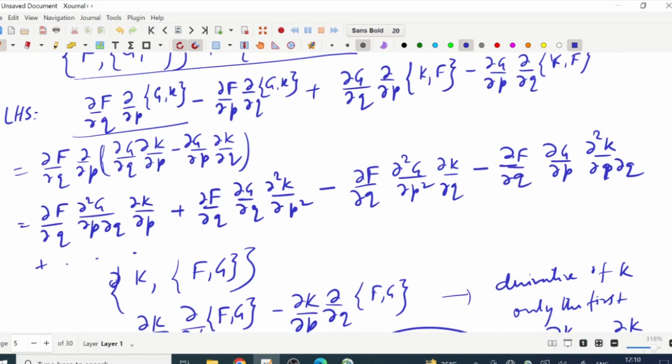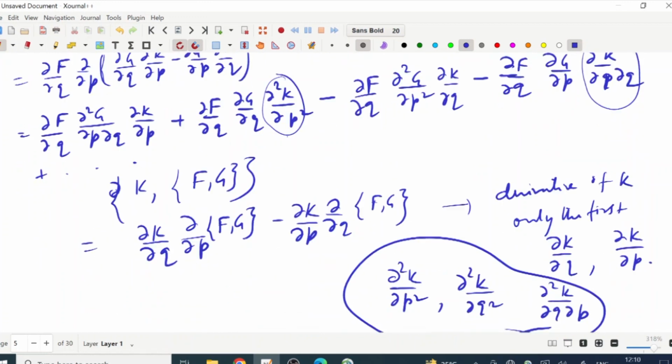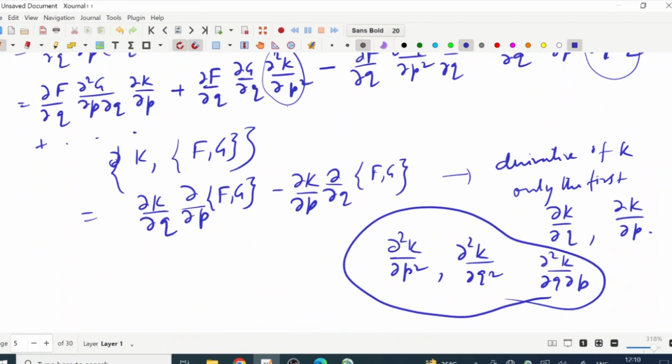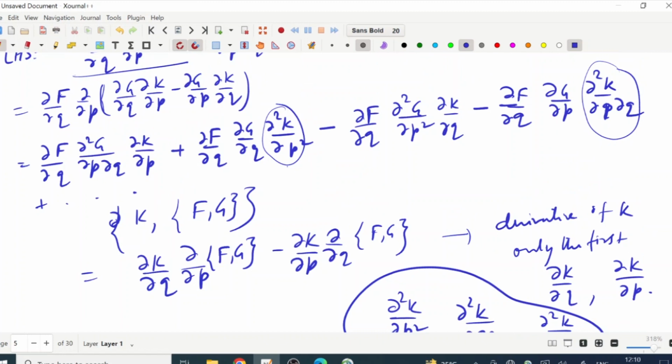So, in these 16 terms, you have a del 2 del P square term that should cancel, and only the first derivative of K terms will survive. Among those 16 terms, look for the terms which will cancel and you will remain with the 8 terms, and if you combine those, you will get the Jacobi identity.